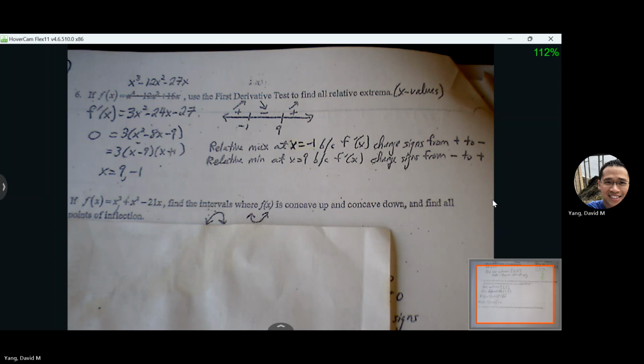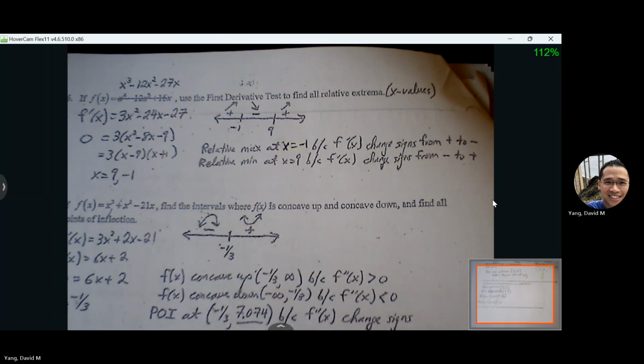Next one. This is test for concavity, so everything that you need will be from the second derivative function. So this one says find all points of inflection.